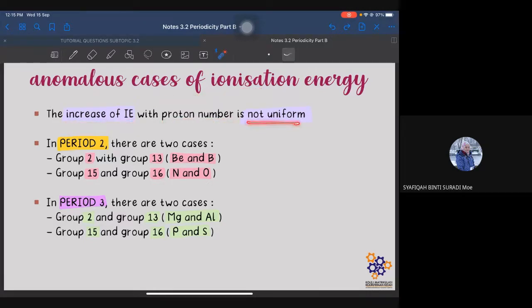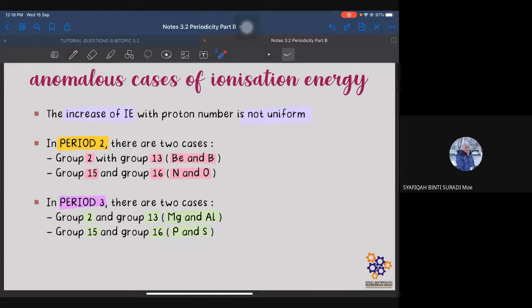It's not uniform. Okay, kenapa? So if we see at period 2, ada 2 cases yang anomalous. Yang pertama between group 2 dan juga group 13, which is between beryllium atom dan juga boron. Okay, and then second one is between group 15 dan juga group 16, between the nitrogen and oxygen.